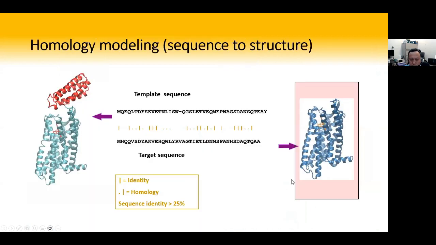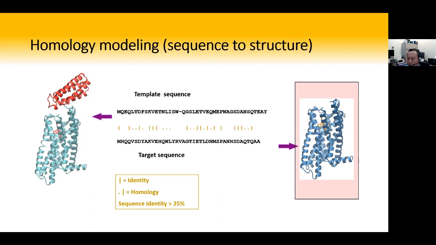Okay, so first we need to get the structure. If there is an experimental structure, it's fantastic, great. But in some cases, the structure is not available, and then we can use a technique called homology modeling to build the structure. The idea is very simple. Proteins with similar sequences will have similar structures.